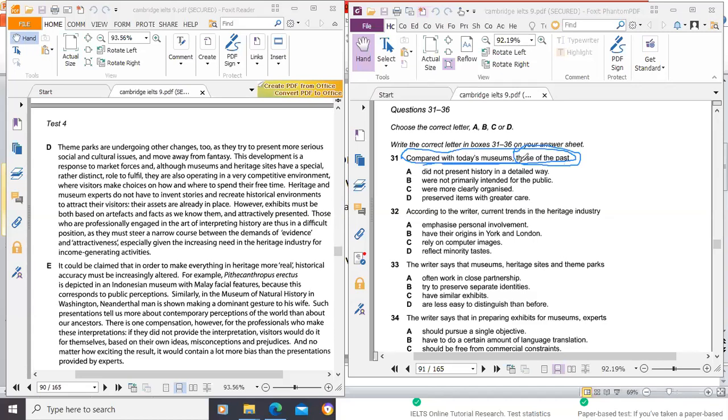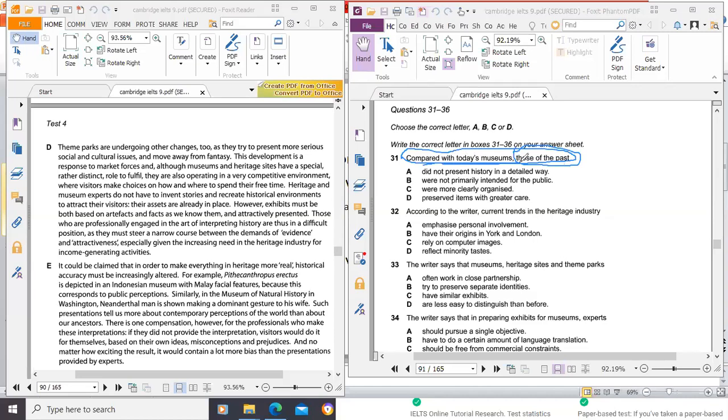Now, option A says that, now, interestingly, multiple choice questions also come in order. So you are going to find the answer to question 31 before the answer to question 32. Answer to question 32 before answer to question 33.